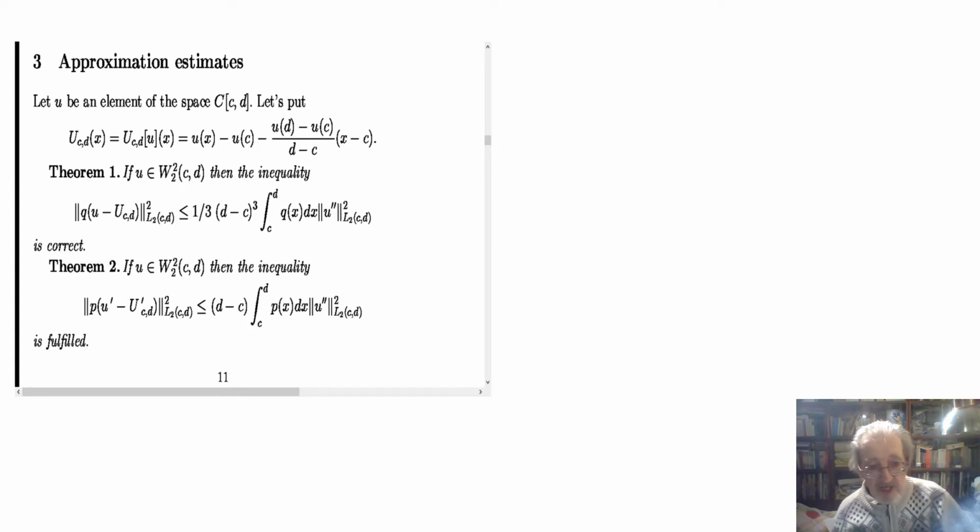These estimates are characterized by the presence of weight norms. We can see it in theorem first and theorem second. They are proved in the text of the paper.